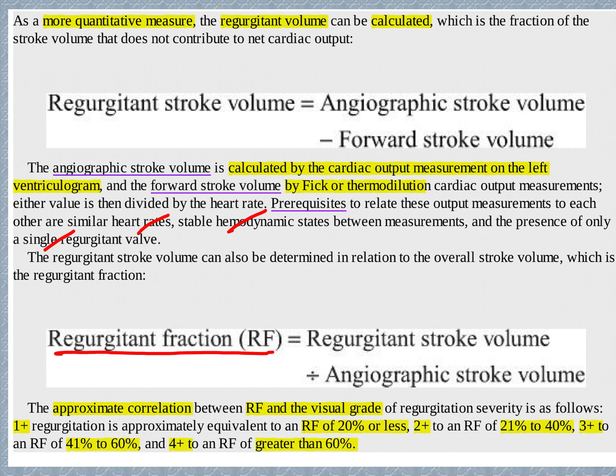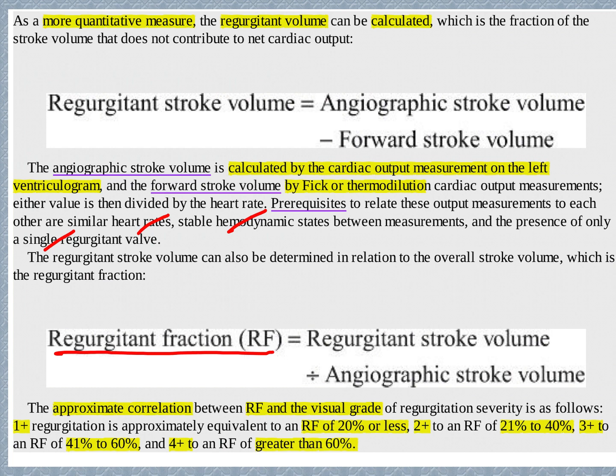You'll get the end-diastolic volume and end-systolic volume, and you'll get the stroke volume. And then the forward stroke volume is calculated by the Fick equation or by thermodilution, whichever you use.